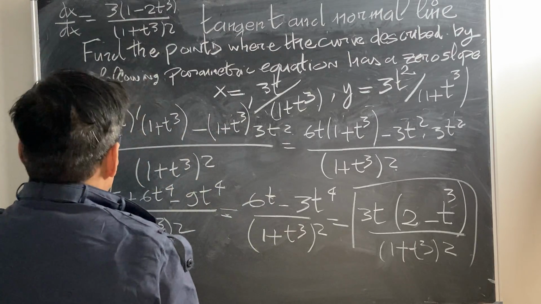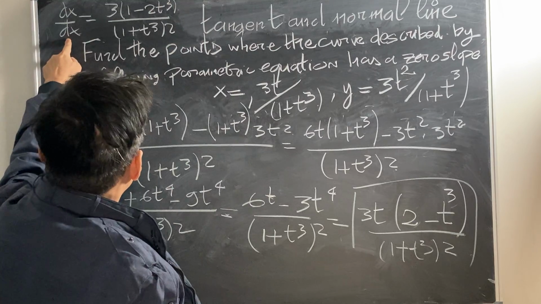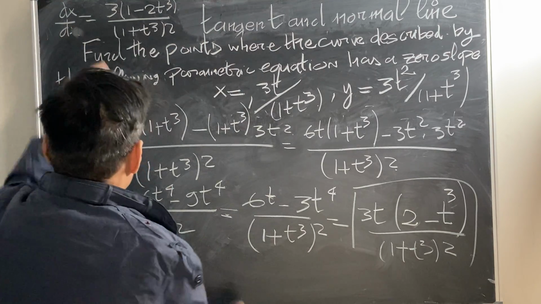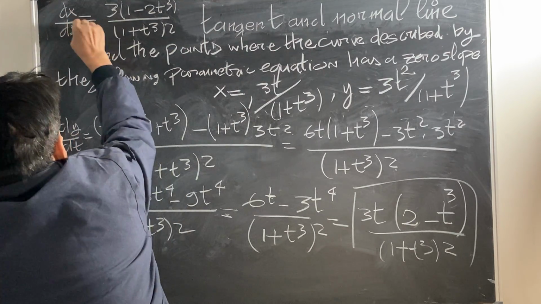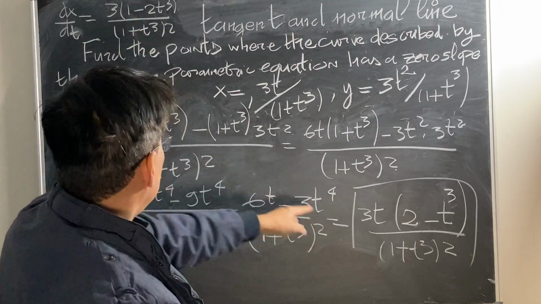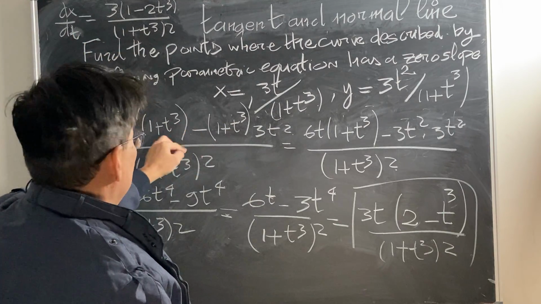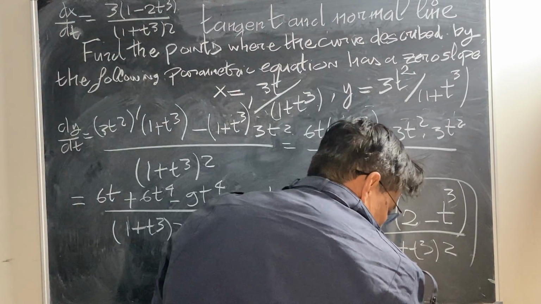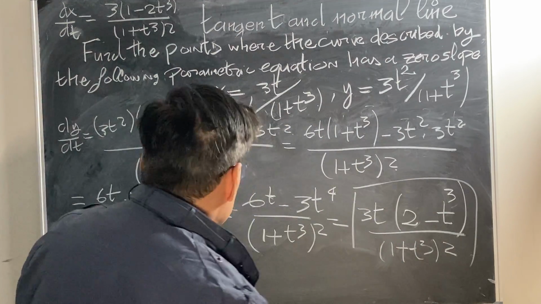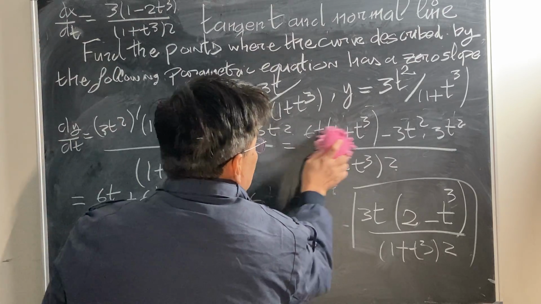So that's dx over dt, and here is dy over dt. If you take dy over dt divided by dx over dt, then you get dy over dx. Okay, so I keep the answer right there.